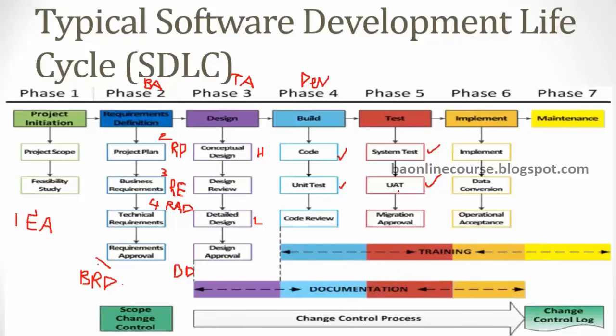Okay, once they are satisfied with the system, once the acceptance criteria is met, you would finally hand over the system to the operations team. So phase 5 is primarily the QA team. And once the migration approval is done, then it would be the ops team.